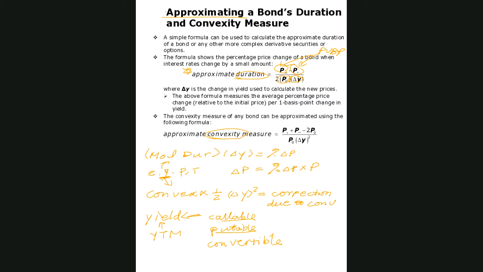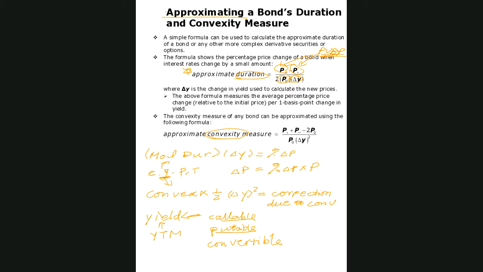So here, when we're talking about the approximate duration, the idea is closer to a PVBP, except we're not just getting the present value difference of a 1 basis point change in the yield to maturity. Instead, we are going to approximate the duration and the convexity.